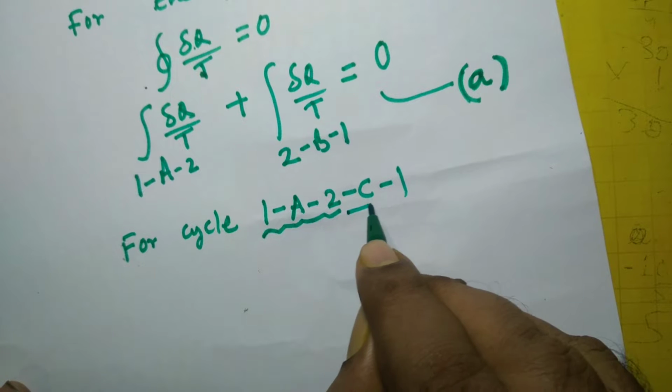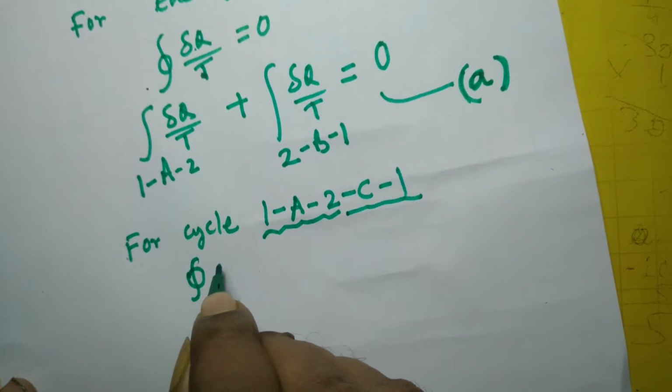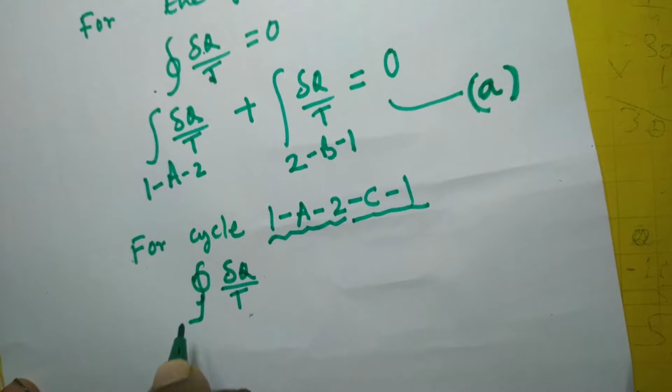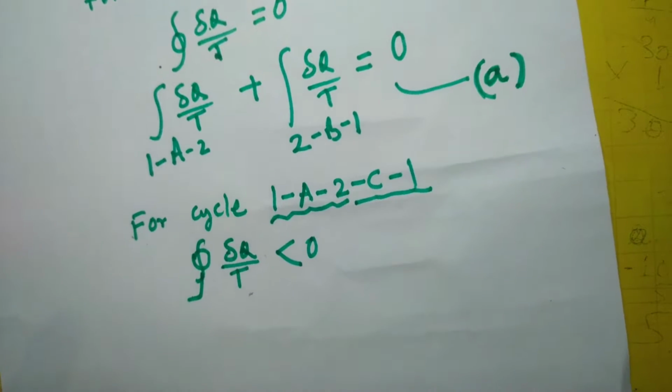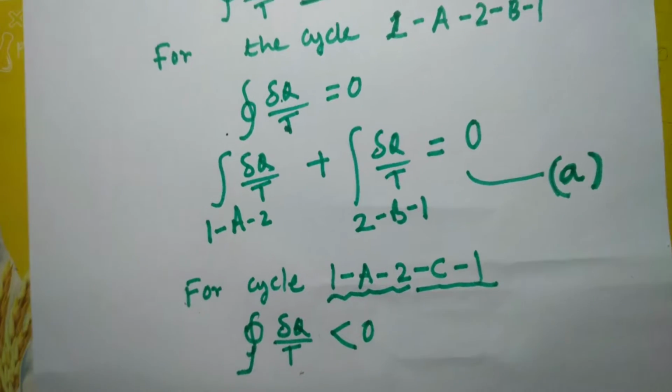So this is an irreversible cycle, and applying Clausius inequality, the cyclic integral of del q by T will be less than 0.